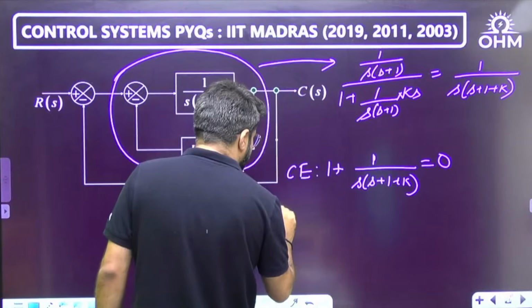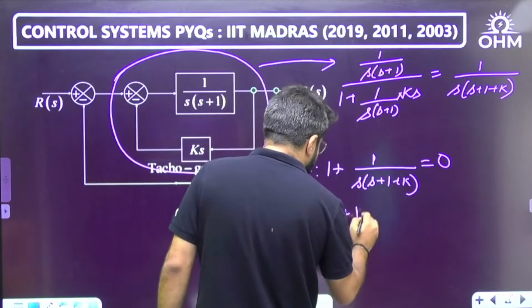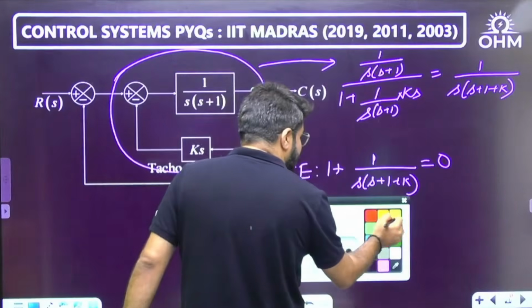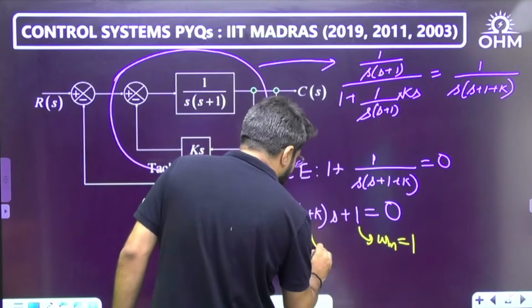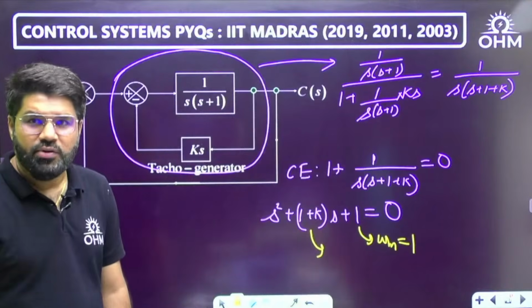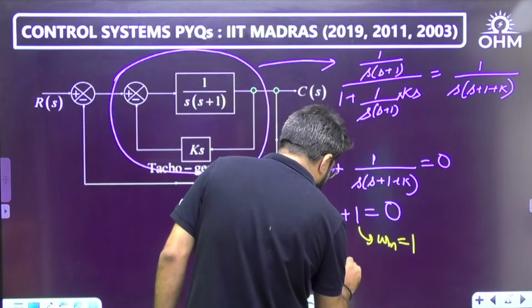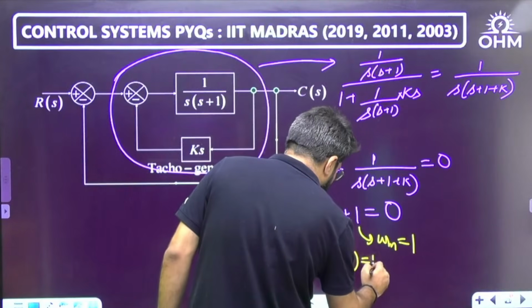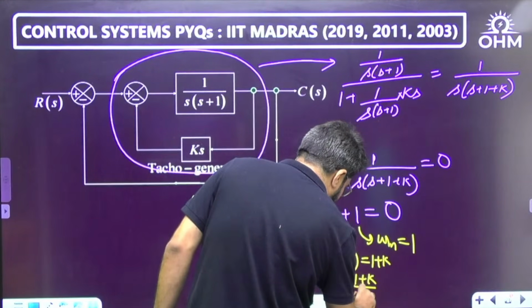When you simplify, you'll get s square plus (1 plus K) s plus 1 equal to 0, telling you that omega n will be fixed at 1 here, but zeta will depend on K. That's what I was suggesting. So 2 zeta omega n is 1 plus K, so zeta is (1 plus K) divided by 2.